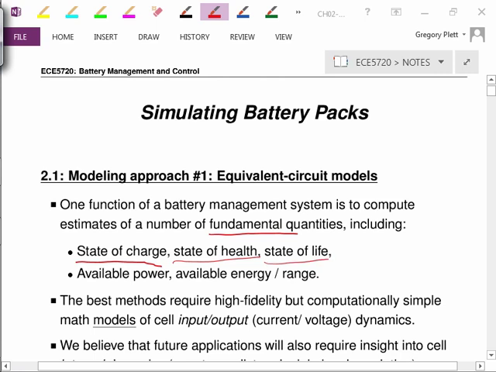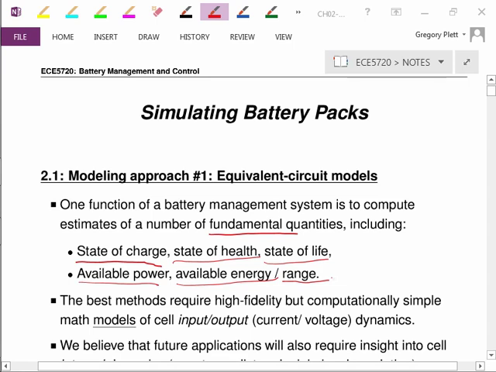Furthermore, there were some quantities that we could derive from those that were really important, like the power that an application could derive from the battery pack over the next few seconds, and the available energy in the battery pack, which would give you some indication of a range of a vehicle or an application, time to empty kind of information.